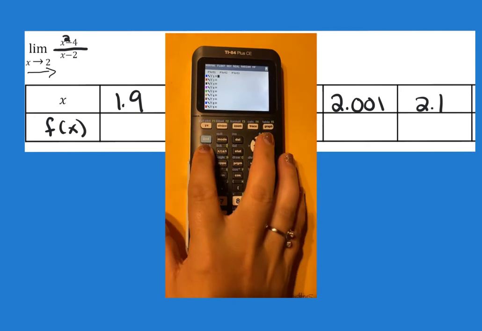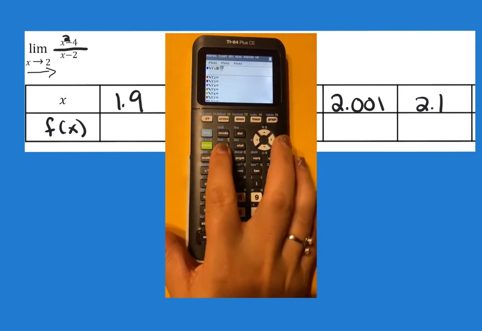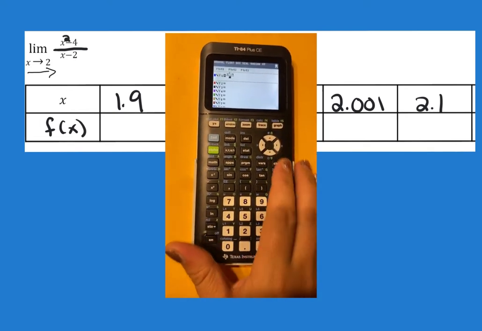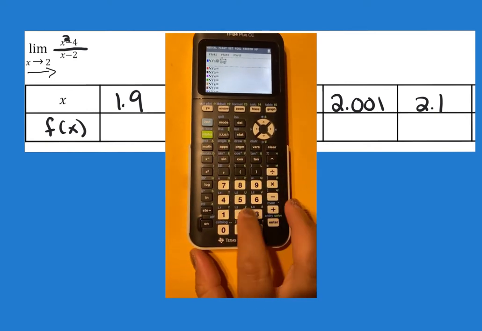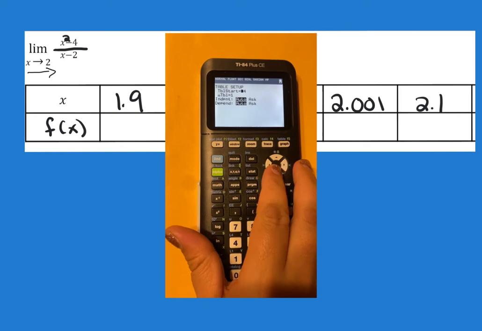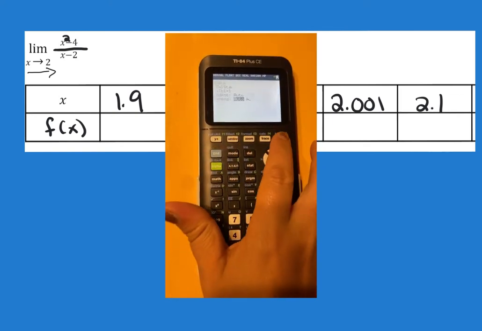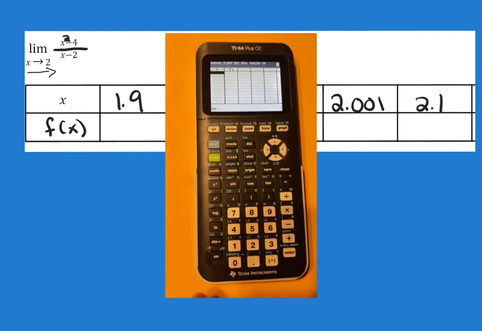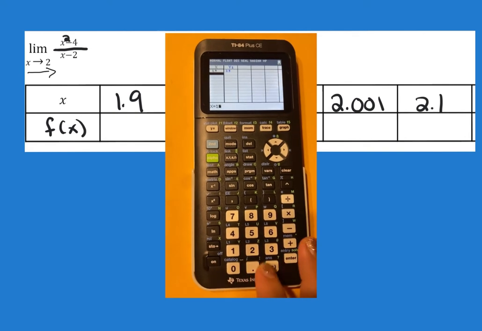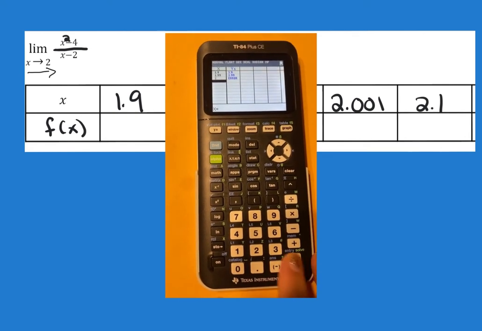Okay, so here's my calculator, y equals, I'm going to input that function, x squared minus 4 over x minus 2. I'm going to go to my table settings and take off it on auto and put it on ask for the independent variable and go to my table, and I can just type in my x value is 1.9. I hit 1.99 instead of 1.999.